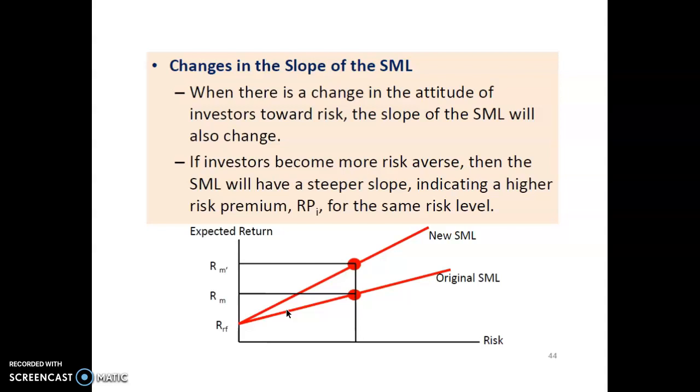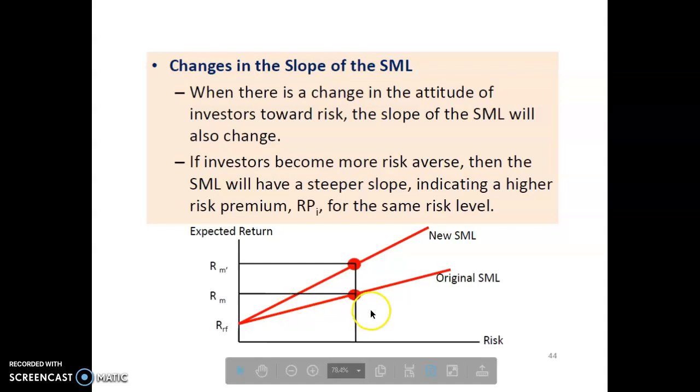Of course, everyone wants to get the highest possible return, but at the same time, they cannot ignore the amount of risk they need to face. If the investors become more risk averse, we can see that the SML will become steeper in slope, indicating a higher risk premium for the same risk level.